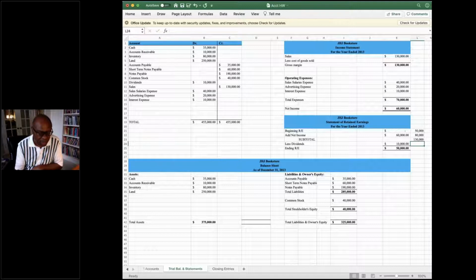Then let's assume the dividends were 20,000 this year. And so at the end of the next year, it would be 110. So all I'm saying is just go ahead and put a subtotal in here, because it can help you sometimes when you have losses. Okay, so once we do that, then we move to what?